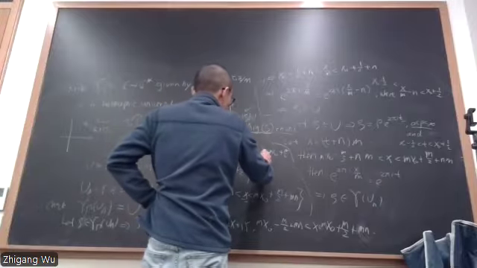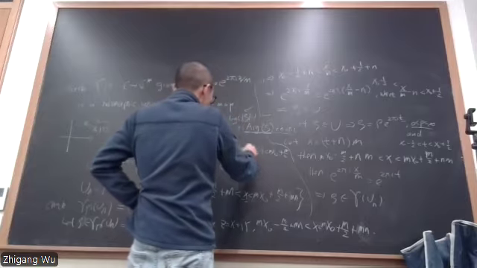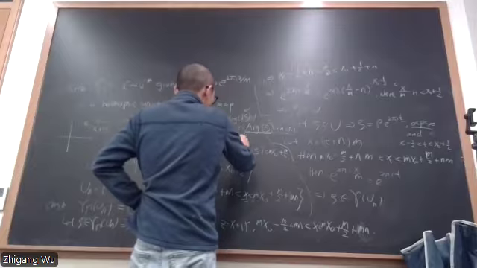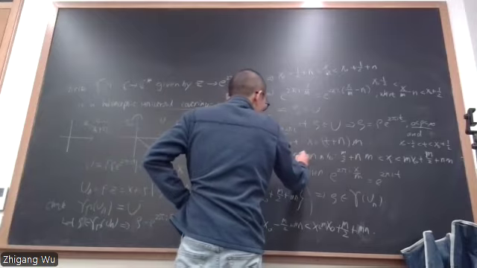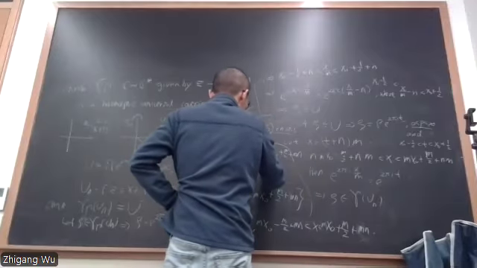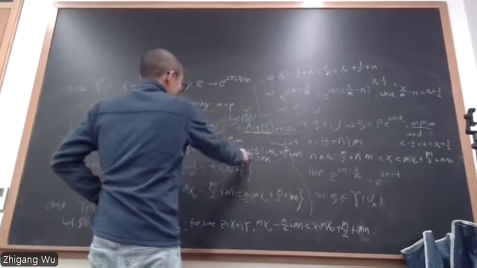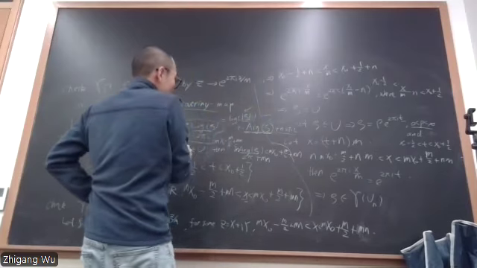And this guy we know is going to be that. And then if we just add mn on each side, this is exactly the angle part of this whole thing.